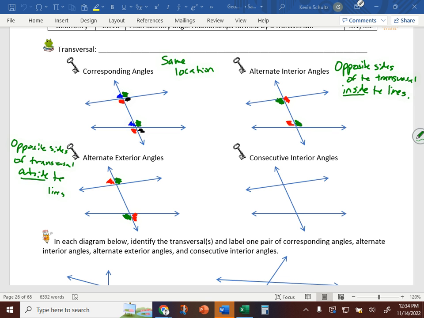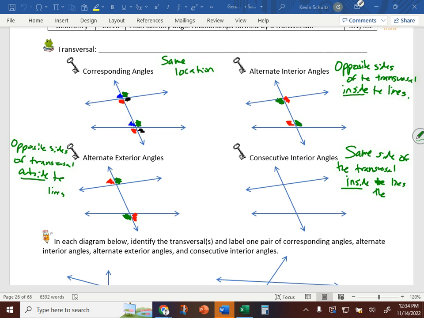Same side. So for this one, same side of the transversal. And again, that word interior, inside the lines. Same side of the transversal, inside the lines.